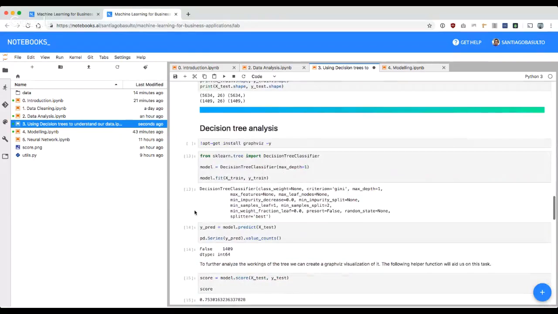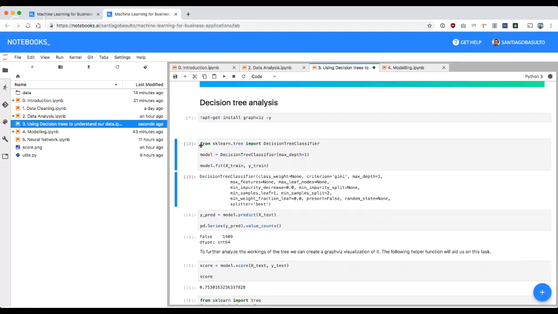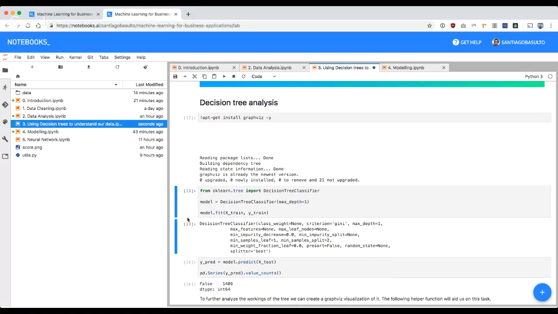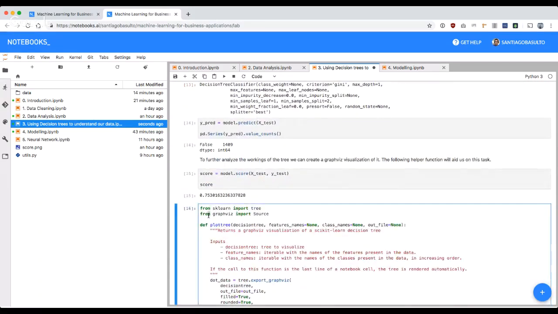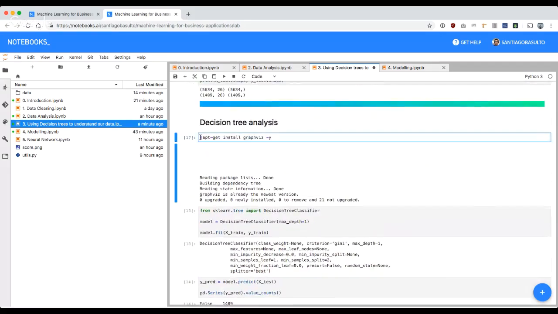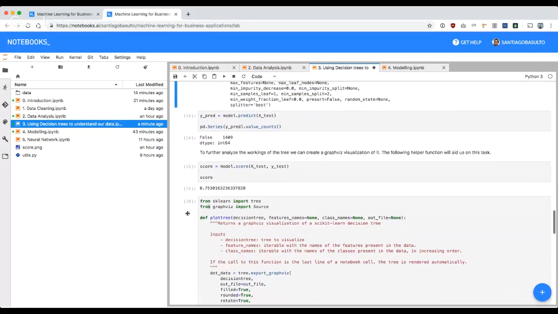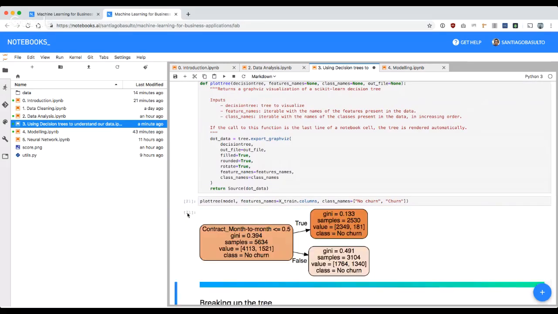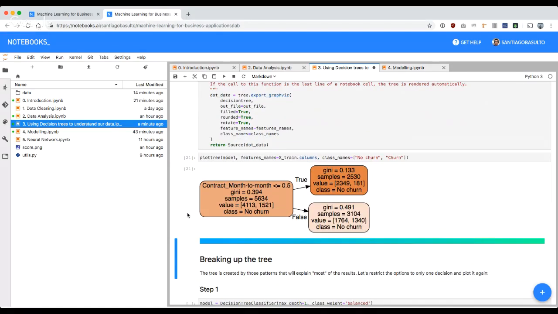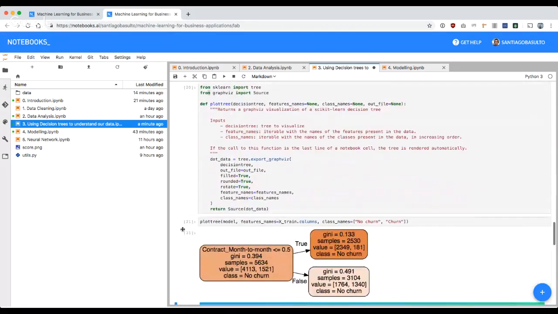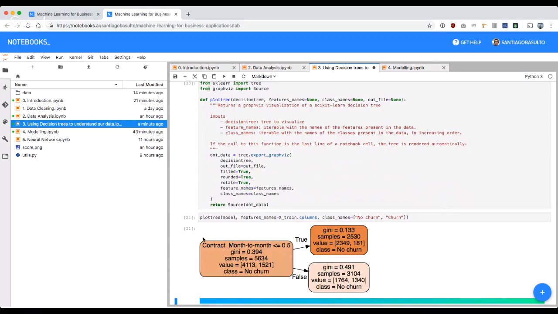I need to install this library, and probably this library. This is what a decision tree will do. It's a very simple model.